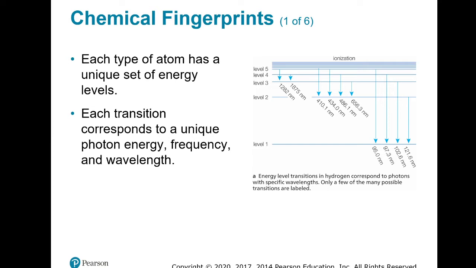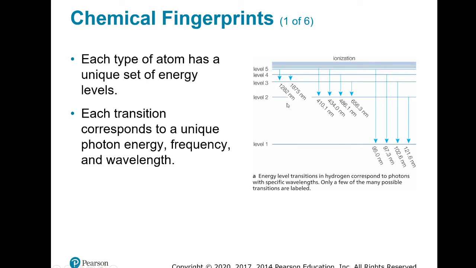However, if we have electromagnetic radiation incident upon this atom with an energy equal to the difference between level 1 and level 2, then that atom can absorb that photon and jump to a higher energy level.